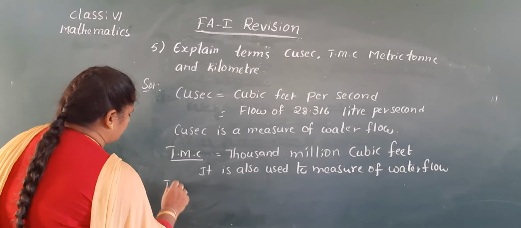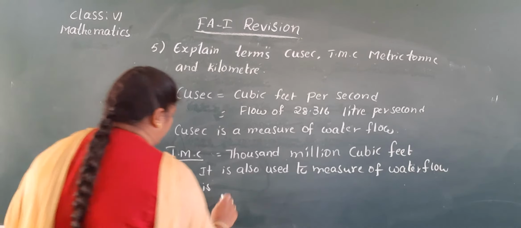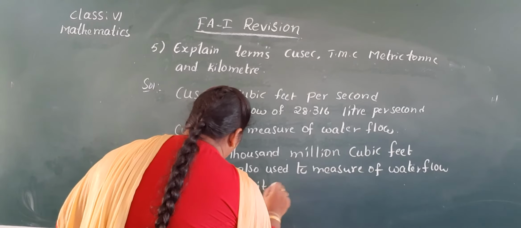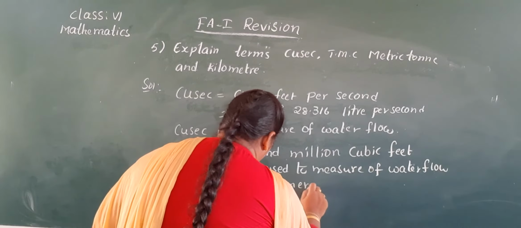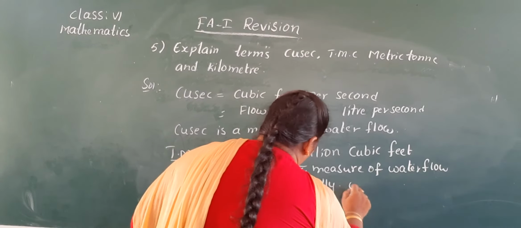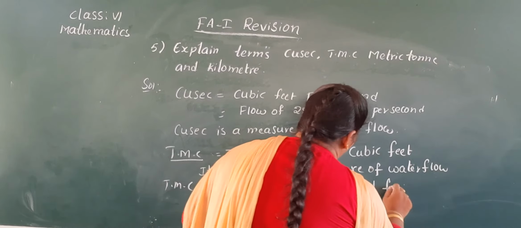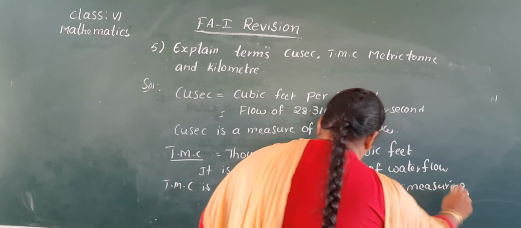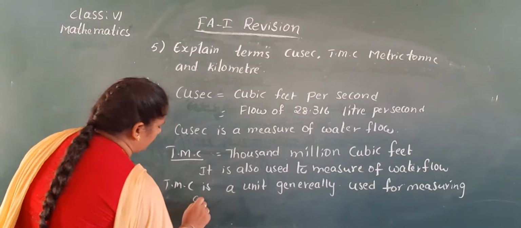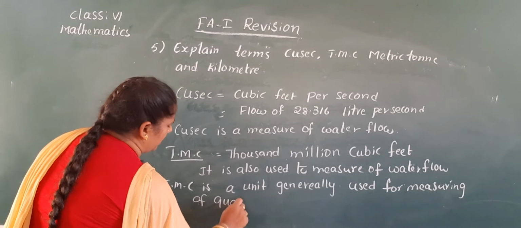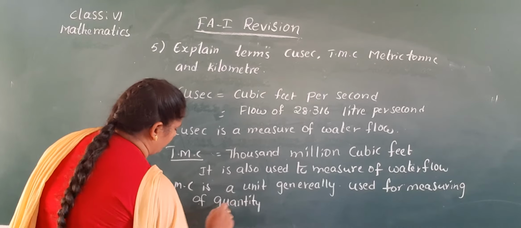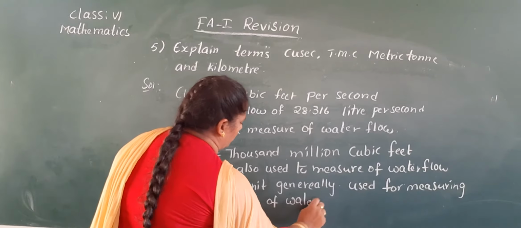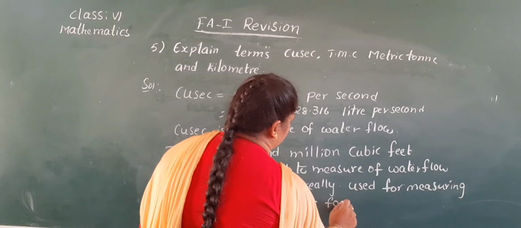TMC is a unit generally used for measuring quantity of water for big dams.